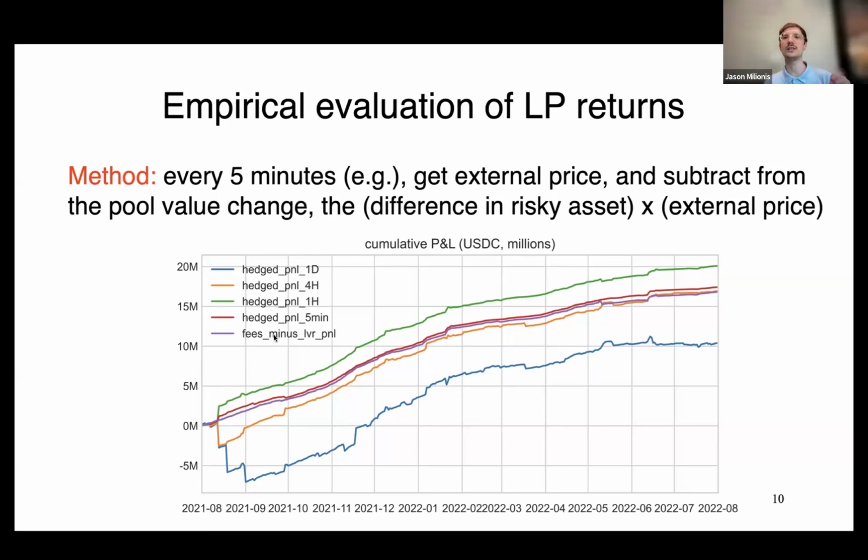So you look at how much Ethereum the pool has every 5 minutes, let's say, and the quantity that you subtract will be the difference to how much ETH the pool previously had times the external price. And the punchline is that it's very straightforward to take LVR data and evaluate in an ex post fashion these hedged returns of the liquidity providers.